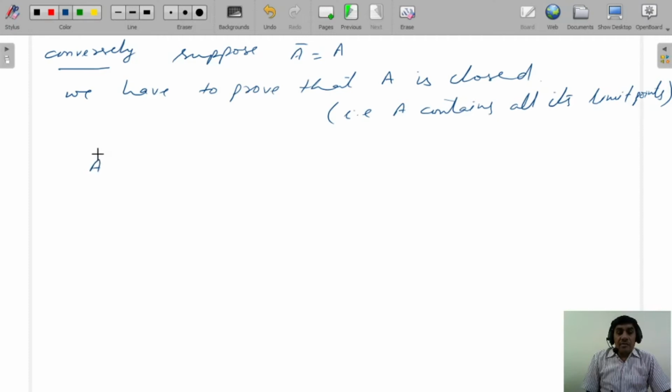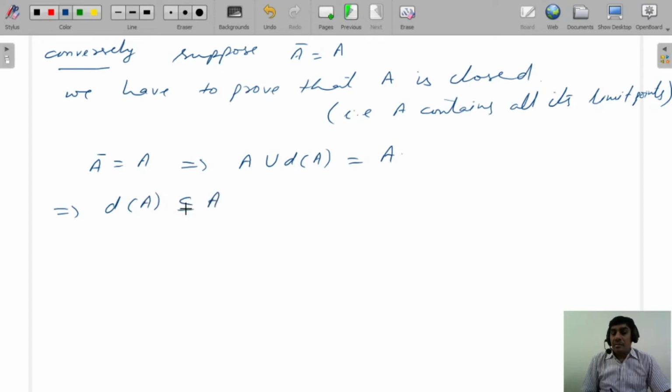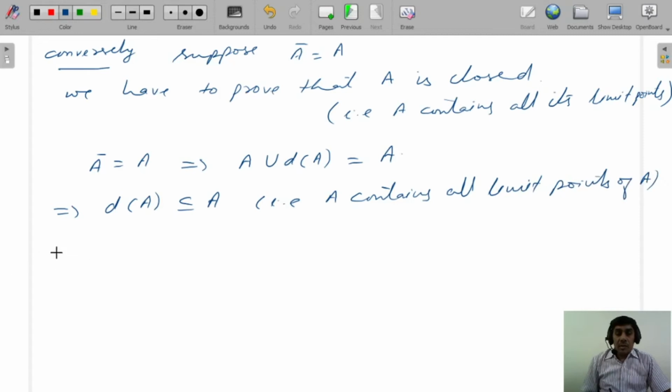A closure is equal to A. This implies A union D of A is equal to A. This implies D of A is contained in A, that is, A contains all limit points of A. This implies A is closed.